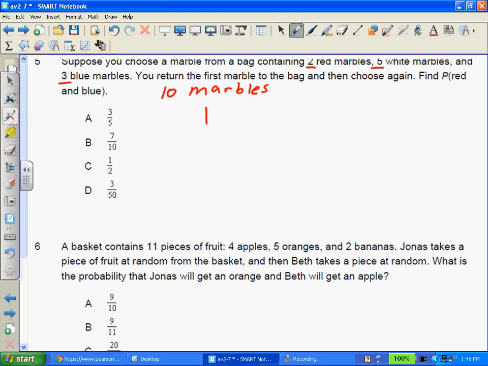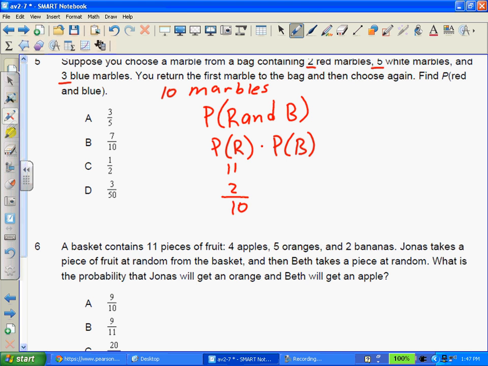So we have P of red and blue. We have P of red times P of blue. P of red equals 2 out of 10.